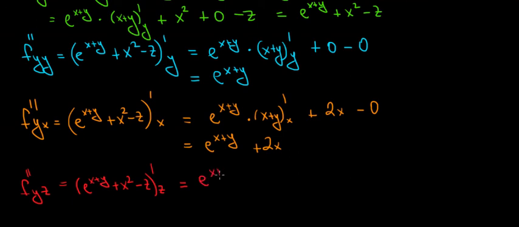So we have e to the power x plus y times x plus y derivative with respect to z, plus x squared derivative with respect to z. It's a constant derivative, and that's going to be just 0. And z derivative with respect to z is just 1, so minus 1. What's the final result? Well, x plus y derivative with respect to z is going to be just 0. E to this power times 0 is going to give us 0. So as a result, we have just 0 plus 0 minus 1, which is minus 1.